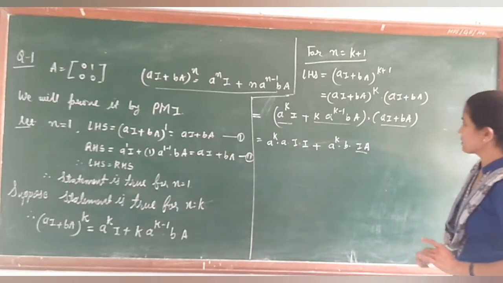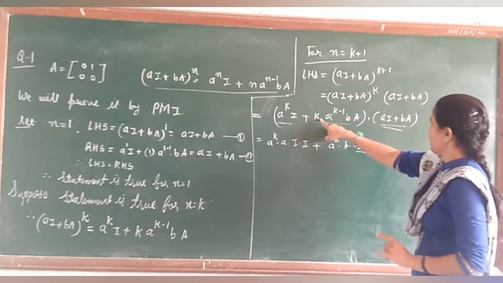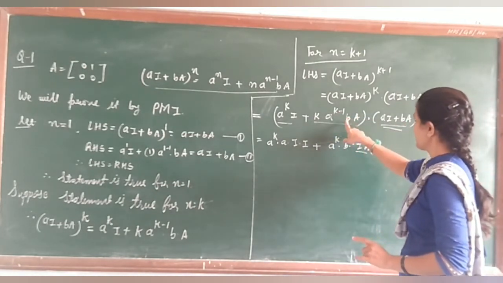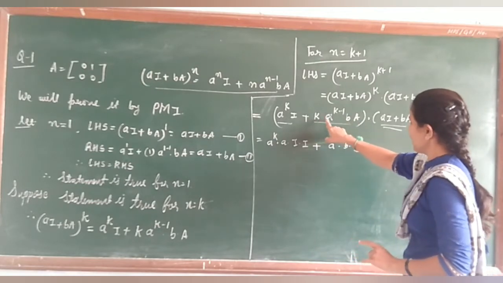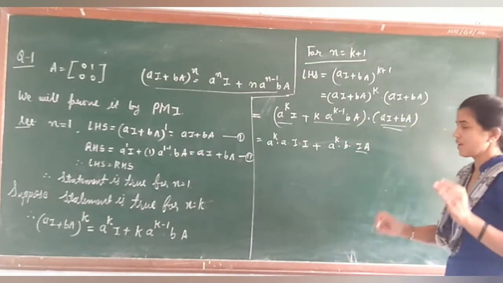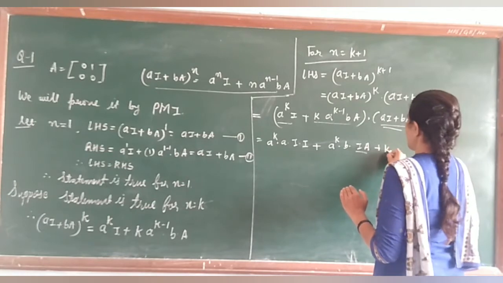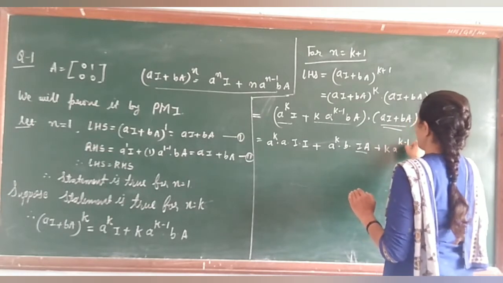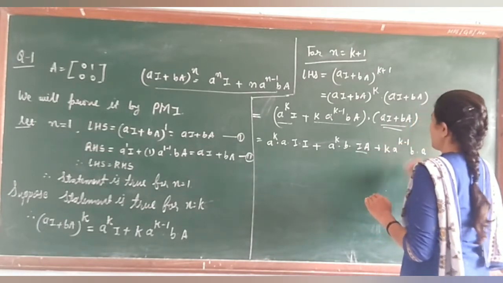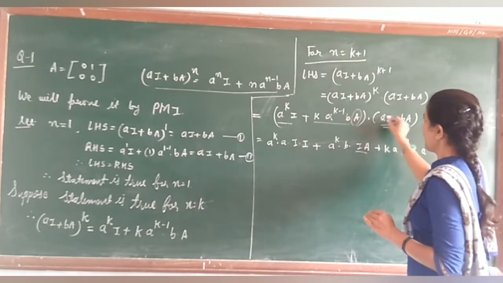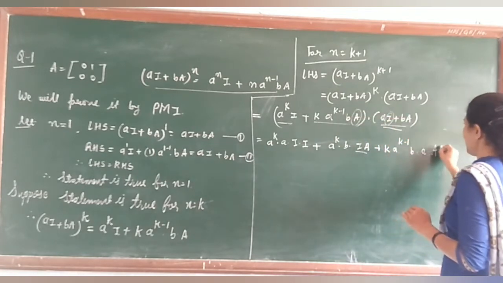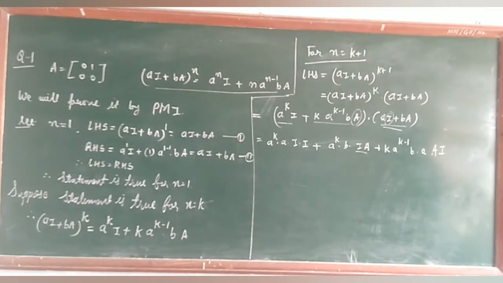Then first multiplication is over. Then we multiply the second one with the whole. So क्या होगा? k a raised to k minus 1 b A. तो यहाँ पे k, a और b तीनों स्केलर हैं, तो इसको मल्टीप्लाई करेंगे k minus 1 into b into a. और उसके बाद है A into I. So I am writing A into I. Okay.